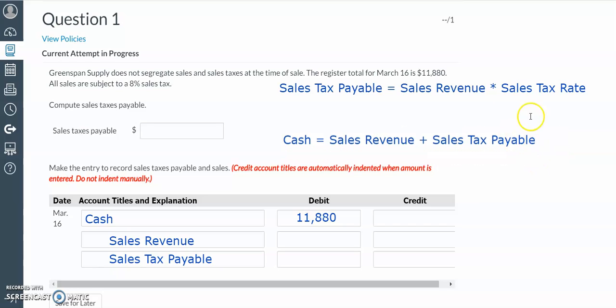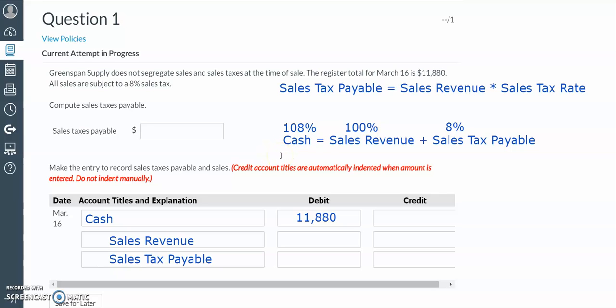So in this example, we know that our sales revenue is going to be 100% because we're going to have to record all of the sales revenue. And our sales tax payable is 8% because that is our sales tax rate. So the total cash received is going to be 108%. And that's just a little shortcut to help us solve through this problem, okay?